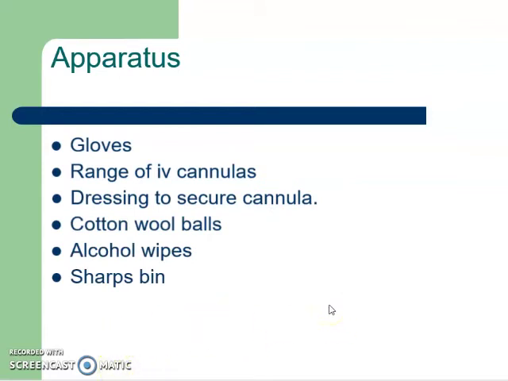Different range of cannulas should be available, and you should have one size smaller or bigger cannulae in case you are not able to cannulate with the one which you have selected. Then there should be a dressing to secure the cannula, cotton swabs to wipe out any blood, and alcohol wipes to clean and prep the site at which you are going to cannulate, and a sharps bin.